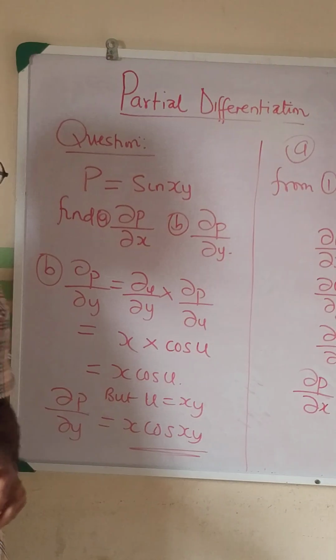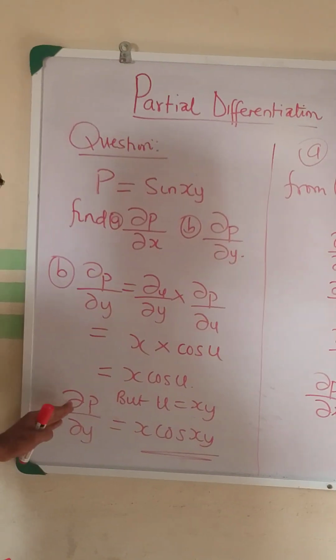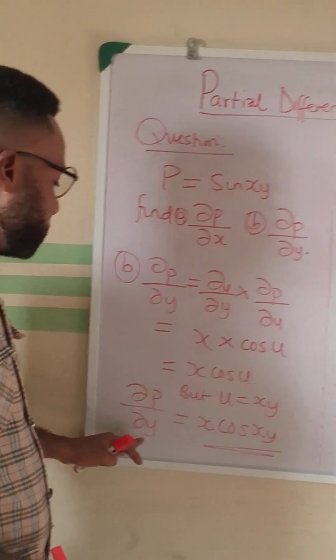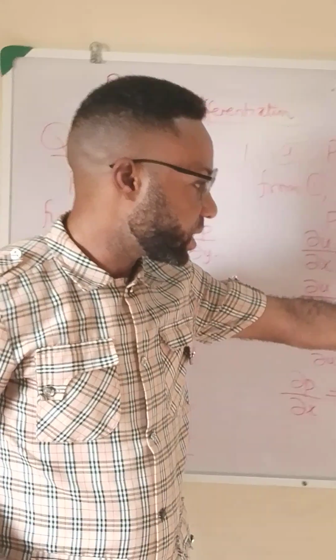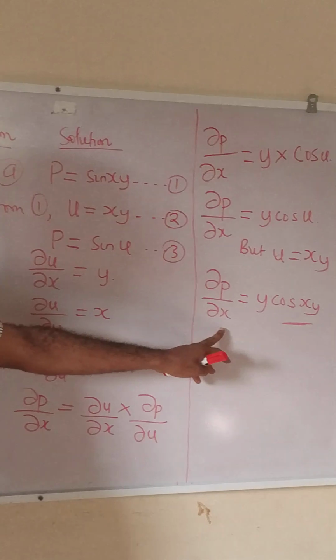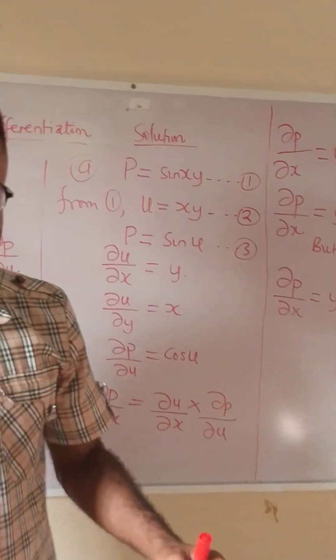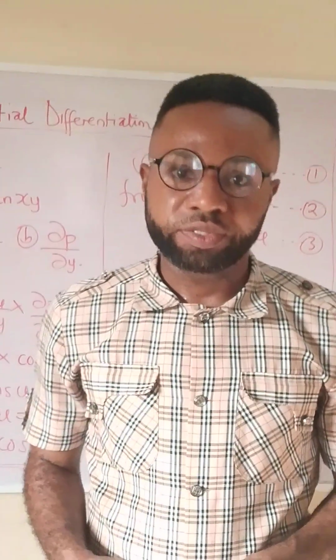So that will be the answer for the partial derivative of p with respect to y, and the other will be the answer for the partial derivative of p with respect to x. So basically that is how to solve that question.